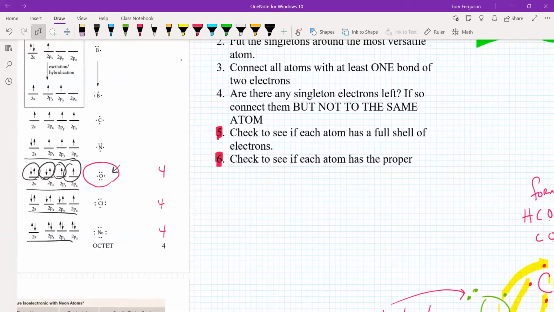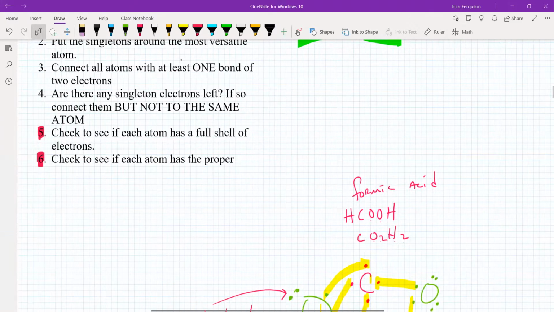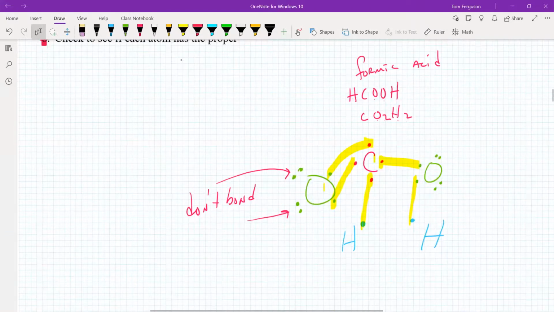Does each atom have a full shell of electrons? Okay, now we're counting pairs as electrons. So let's look at the oxygen here. Okay, we've got 2, 4, 6, 8. Does everyone see where I got 8 electrons for the oxygen? Does anyone not see how I added those up?